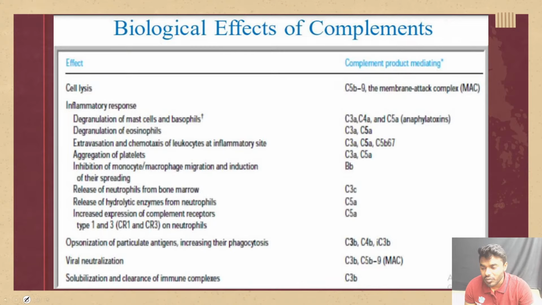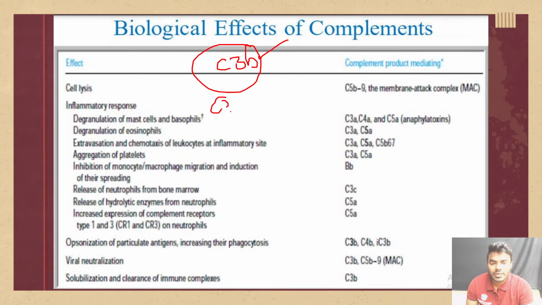And friends, the most important one: whatever the three complement pathways we have studied so far, we started studying only the B part, correct? What is happening with complement B only, we understand. It doesn't mean that complement 3A and complement 5A are not functional.